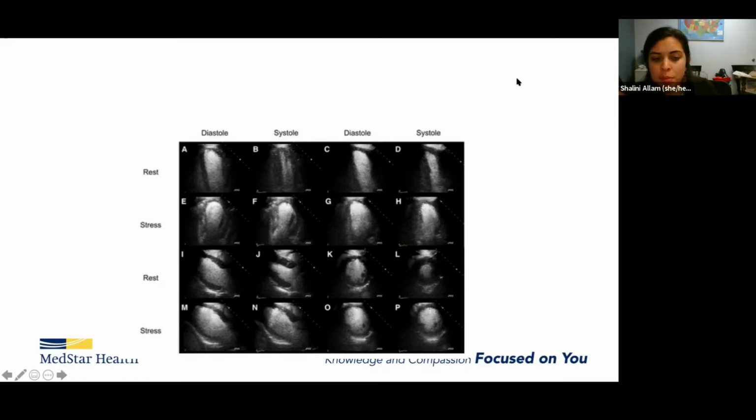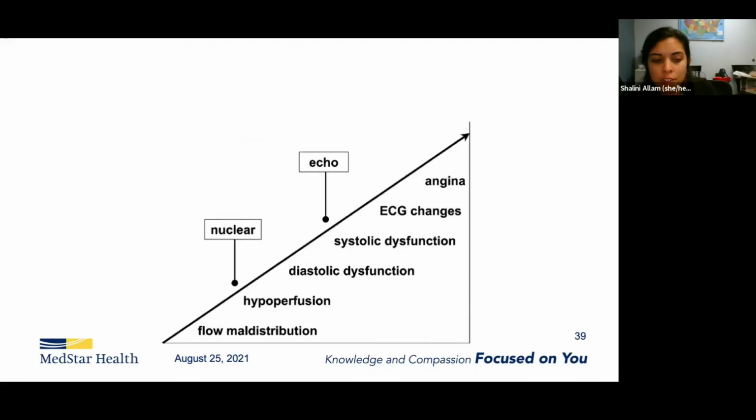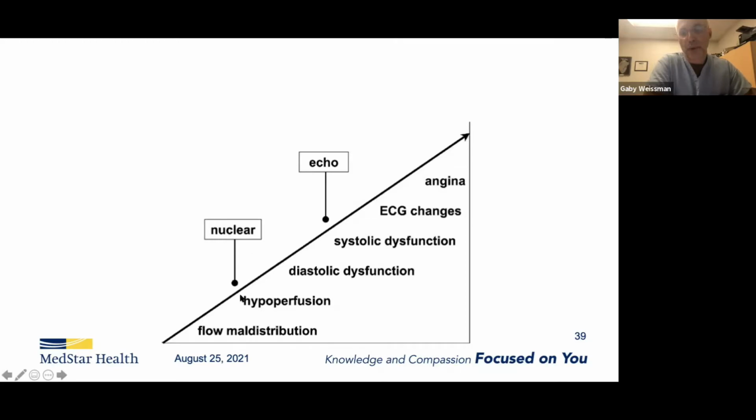Thanks, Dr. Weissman. A quick question about the previous slide. So if I'm reading this correctly, you would get a nuclear scan before you would get an echo. Is that right? No, so the concept would be that the nuclear scan would be more sensitive. You would pick up a lesion even earlier in its course as compared to the echo.